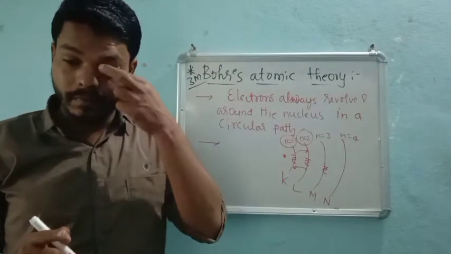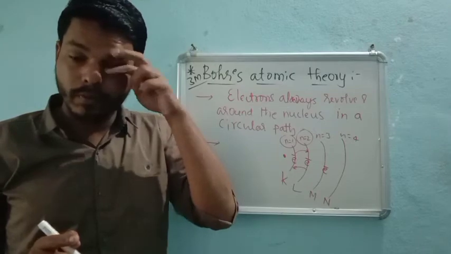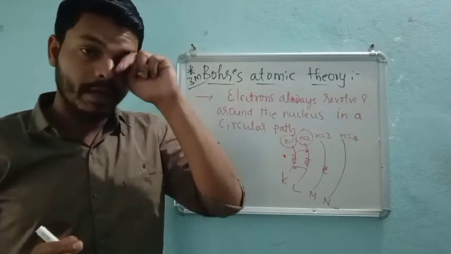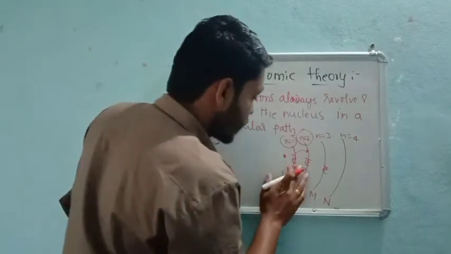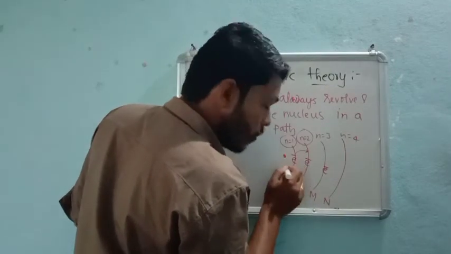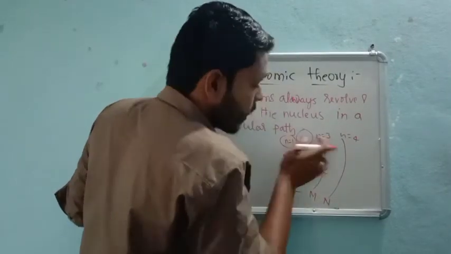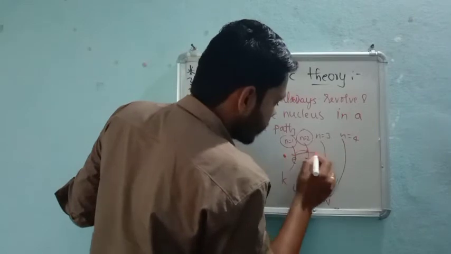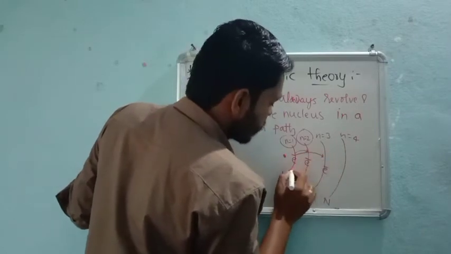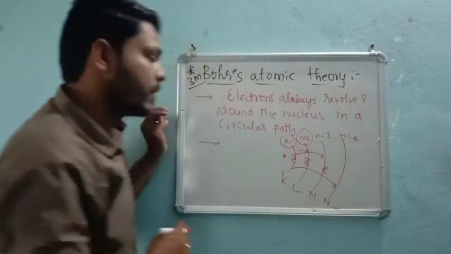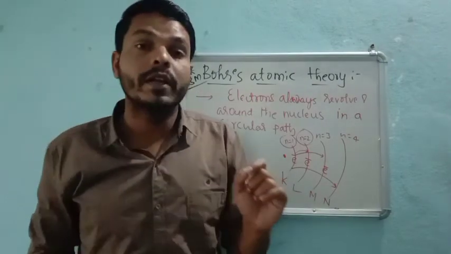And finally, when the electron jumps from lower energy to higher energy like this, or you can show it like this, higher energy, then absorption takes place.